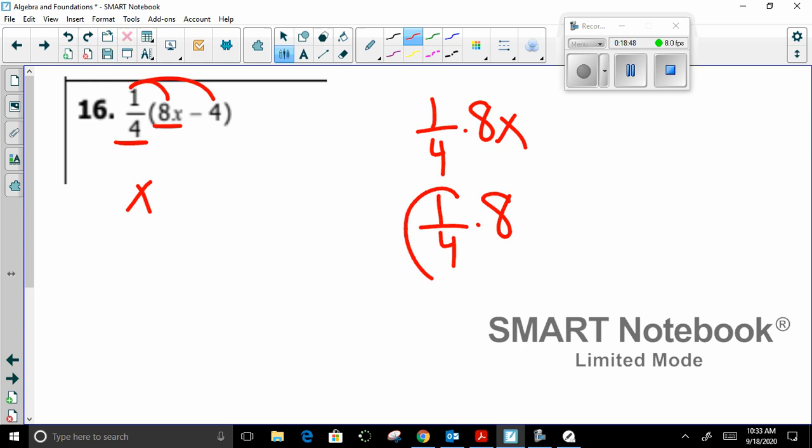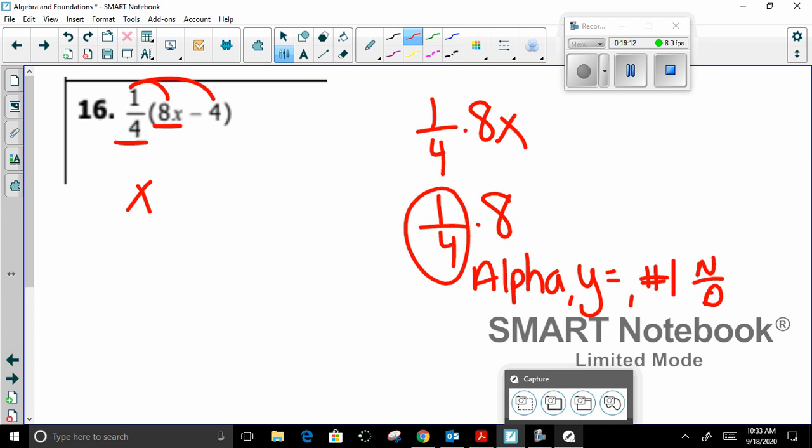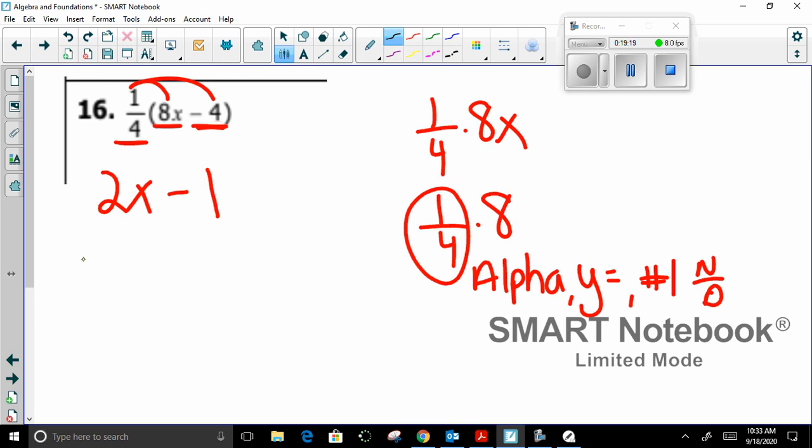Remember in your calculator to get your fraction, click alpha, y equals, and then number 1 for our numerator / denominator. Okay, and if you do that, you get a 2x. 1/4 times negative 4 would be minus 1. Can you combine them? No, they are not like terms. You're done.